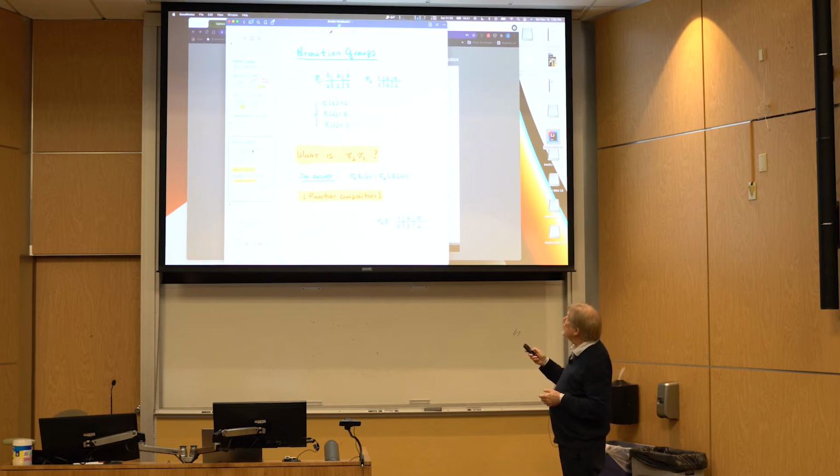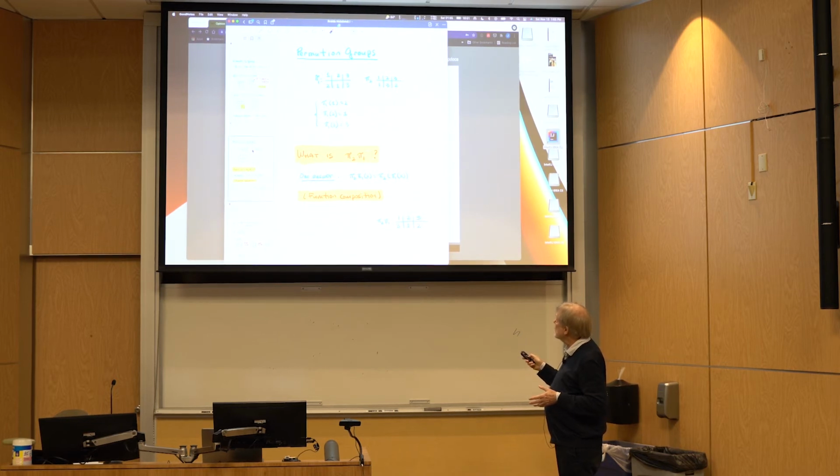And of course, you can think of these as functions. Pi 1 of 1 is 2, pi 1 of 2 is 1, pi 1 of 3 is 3. Okay? And then you can ask, well, how do you multiply permutations? Well, the right answer is you multiply them by composing functions. So here we viewed a permutation as a function. Here we're going to compose functions.